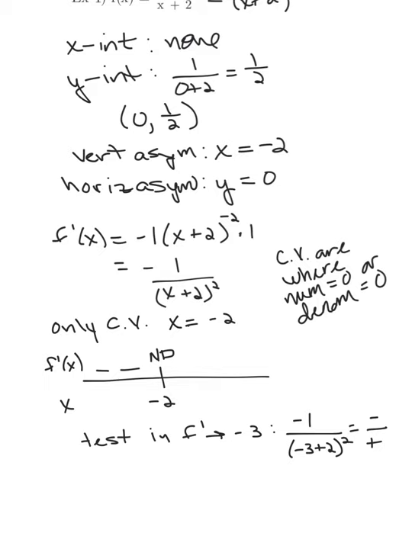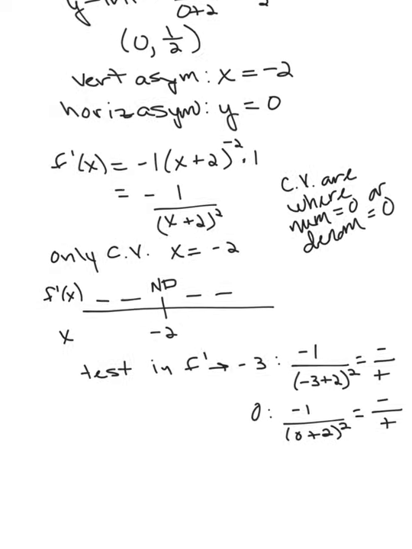Now let's test 0. We would have negative 1 over (0 plus 2), which we are squaring. Numerator is still negative. Anything squared is positive. So we are also negative on the right side of negative 2.